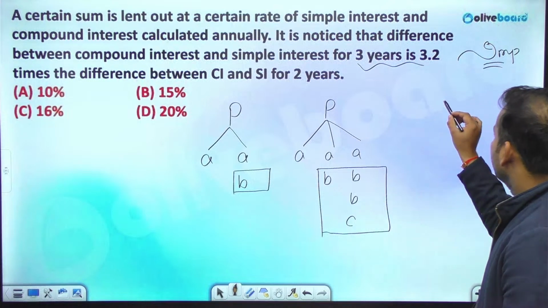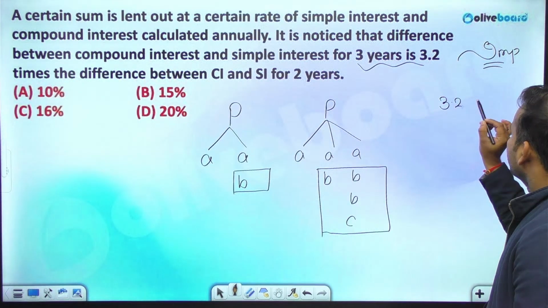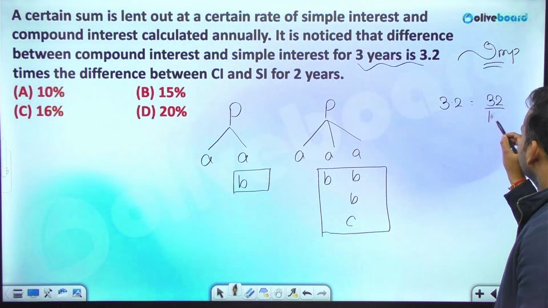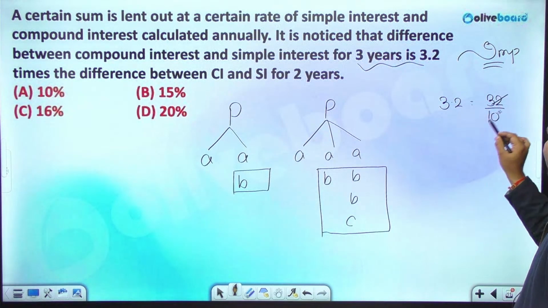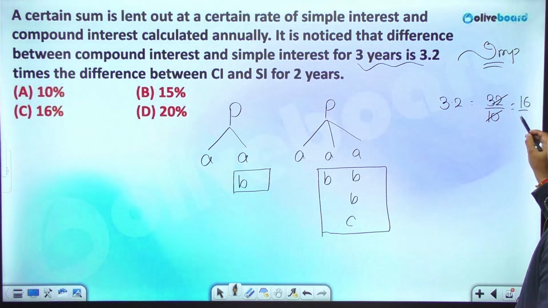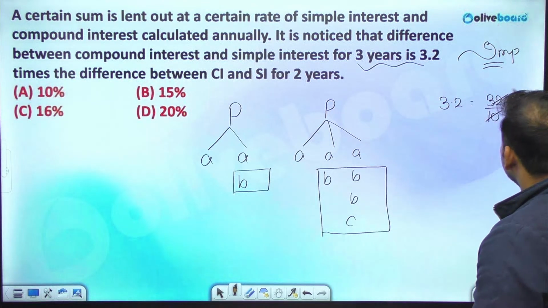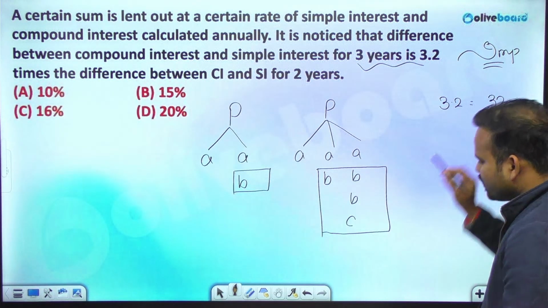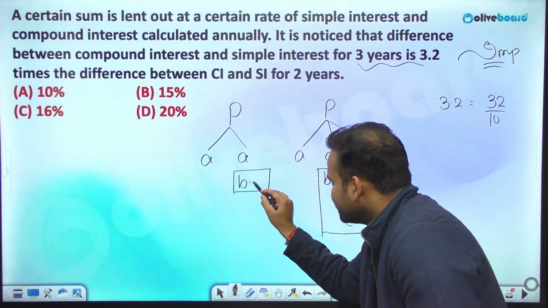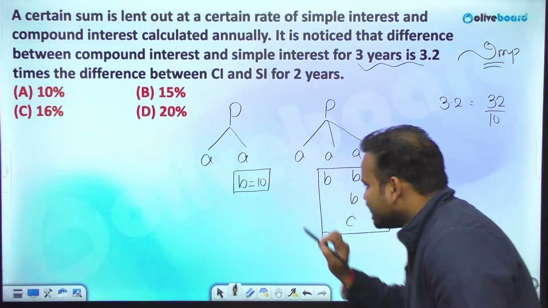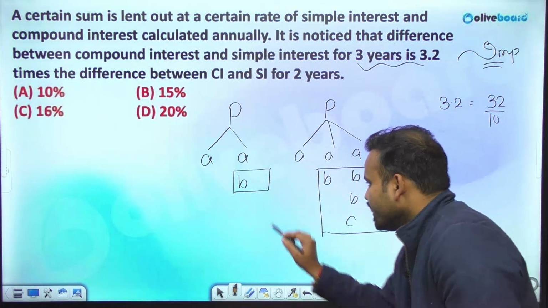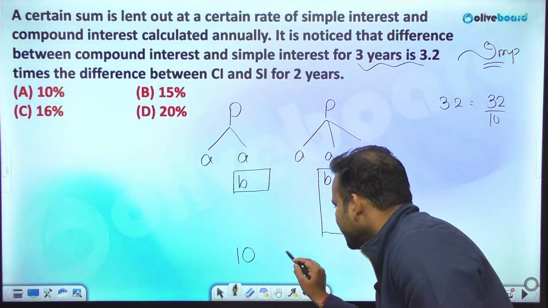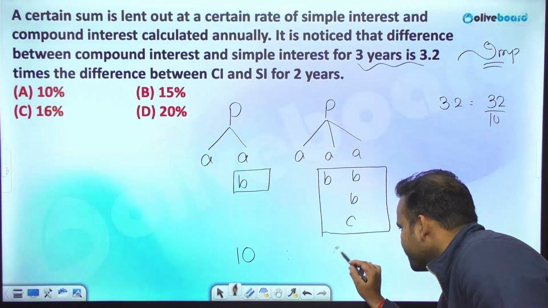It is 3.2 times. 3.2 times means 32 by 10 times, isn't it? Or you can solve it and write it as 16 by 5 times. So basically what the question is saying, if for 2 years the difference is 10, this is 3.2 times, that means 32.